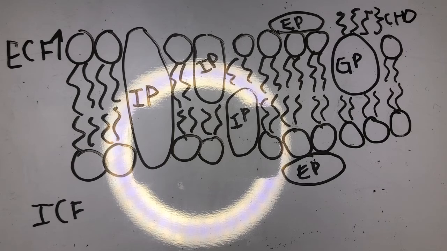So these always extend into the extrinsic or extracellular fluid, so the ECF. These are never going to point in toward the cell. And these are used for self-recognition, specifically with the carbohydrates. So, for example, in the immune system, there needs to be a lot of recognition going on.